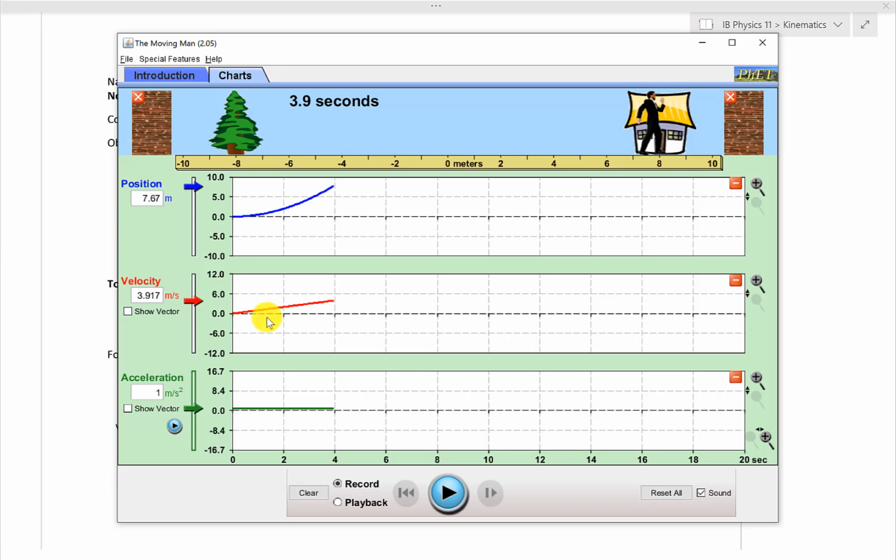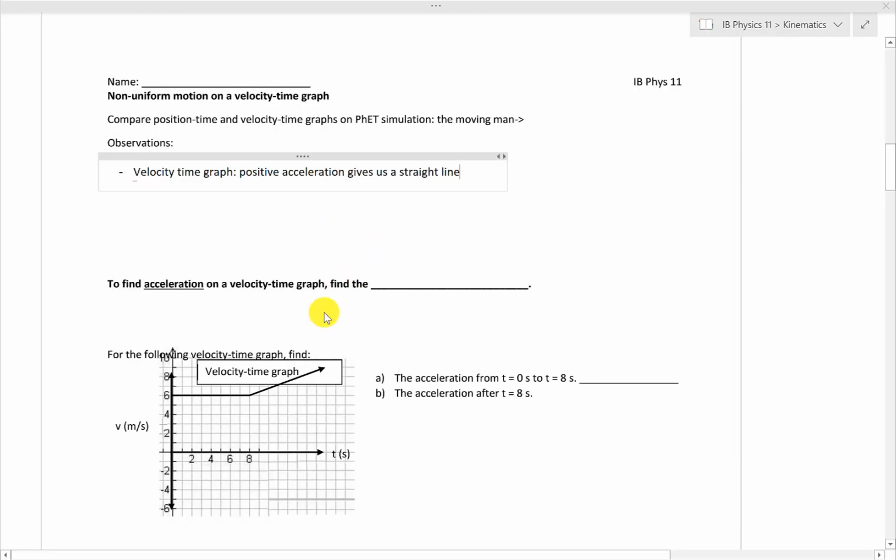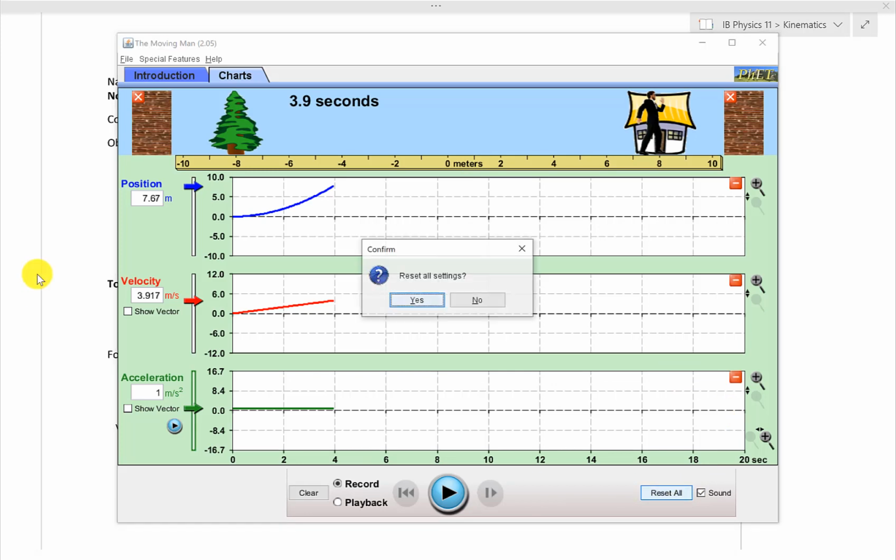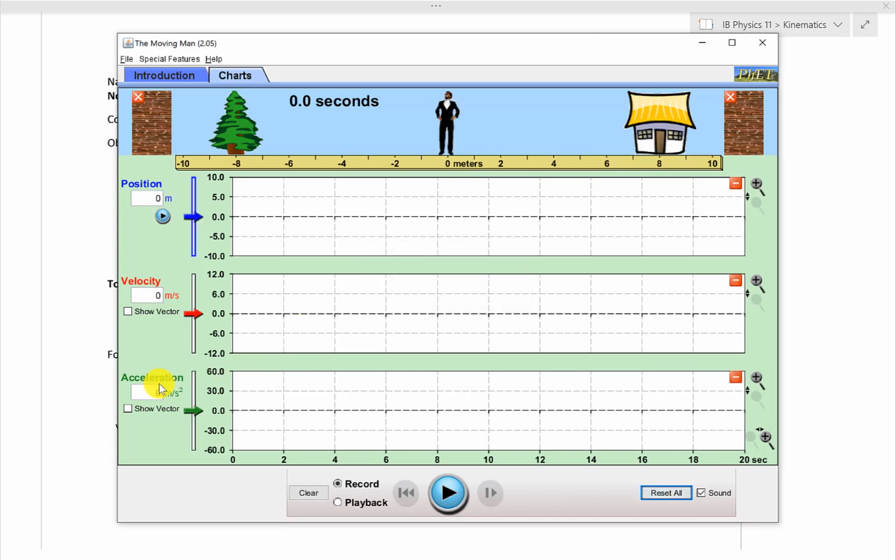The other thing I want us to notice is how I've given this man a positive acceleration, meaning he's going to gain velocity in the forward direction, showing that the line is pointed upwards, like an upward slope. Now let's clear this and see what happens if I instead give him a negative acceleration.